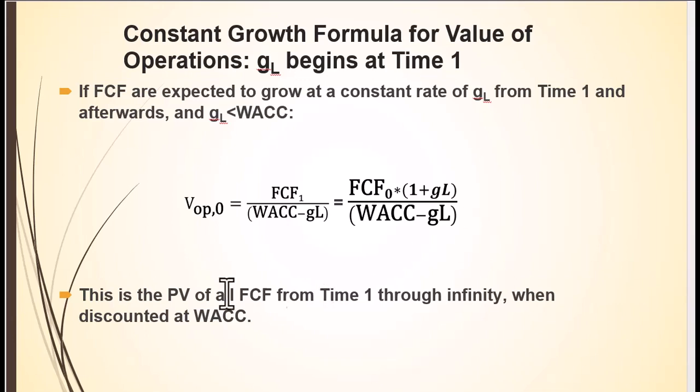So again, this just represents the present value of all free cash flows from time one through infinity when we discount at the weighted average cost of capital. Just one little caveat though, we have to make sure that the growth rate moving forward has to be less than the weighted average cost of capital, or the denominator becomes negative and we can't have a negative value.